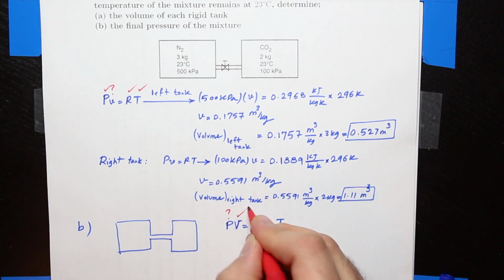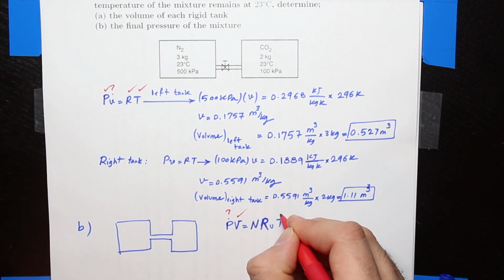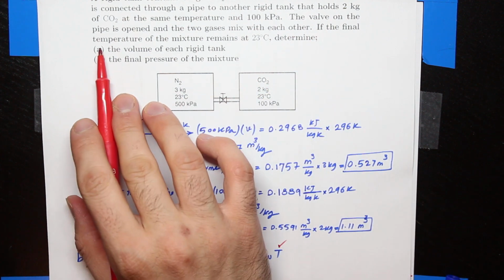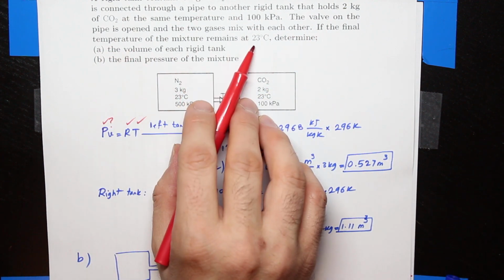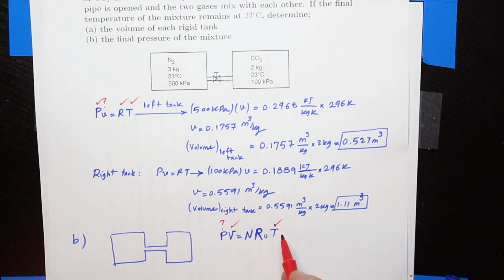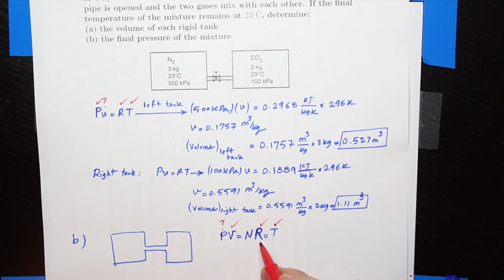So V, I'm good. T, I'm good because the problem statement gives me the final temperature, the temperature of the mixture. Ru, I am good: 8.314 kilojoule per kilomole Kelvin.